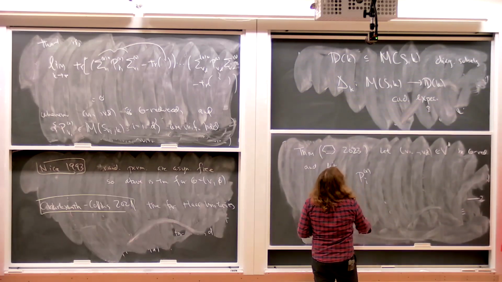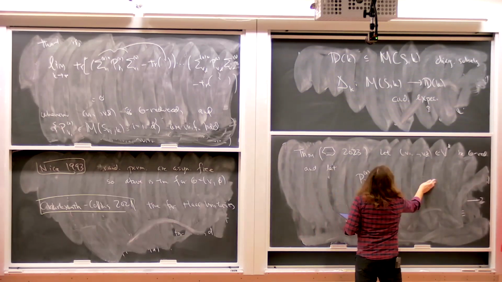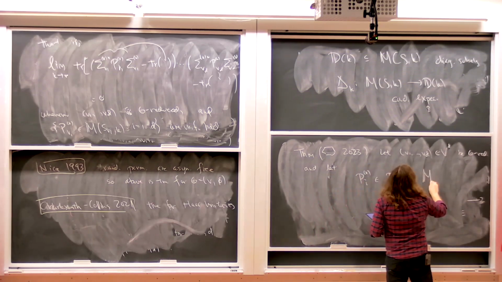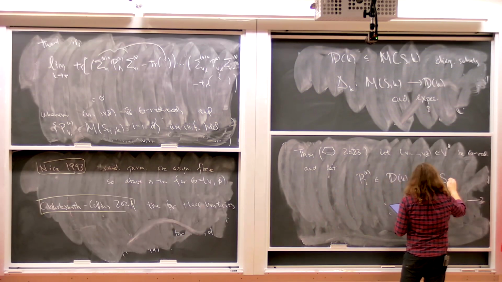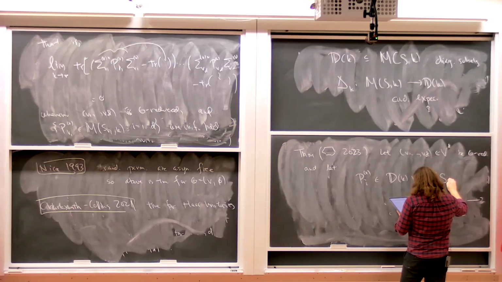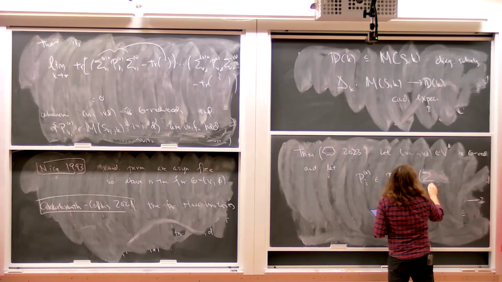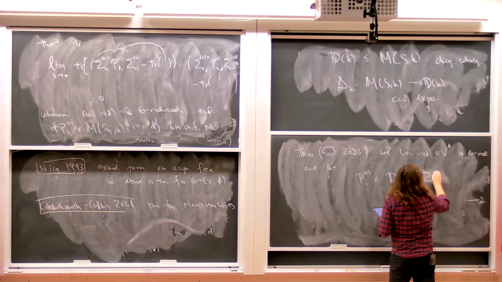So I'm going to allow these P_ik to live in the join of the diagonal algebra and this algebra, conjugated by my random permutation.